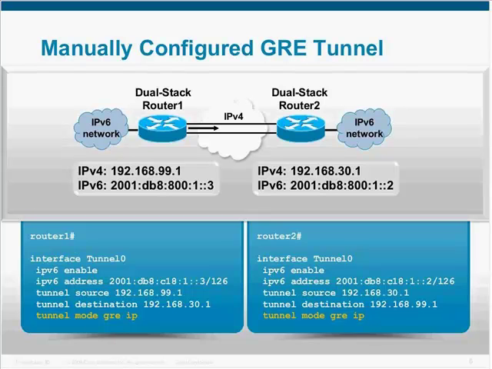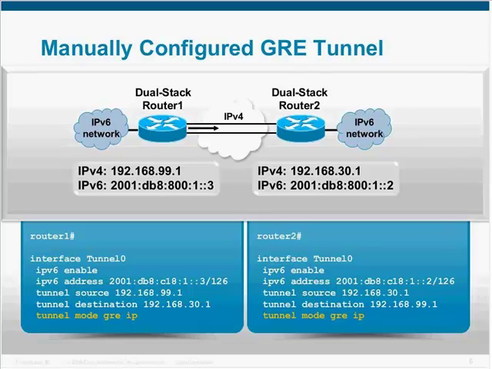So on the tunnel interface as such, we will need to enable IPv6 first, and that's what our first statement is for. We will then assign an IPv6 prefix on the tunnel interface. We will then configure the source and the destination IPv4 addresses, and in this case you can see that the source is the 99.1, which is our local IPv4 address, and the destination would be the 30.1, which is the IPv4 address for the other dual stack router.